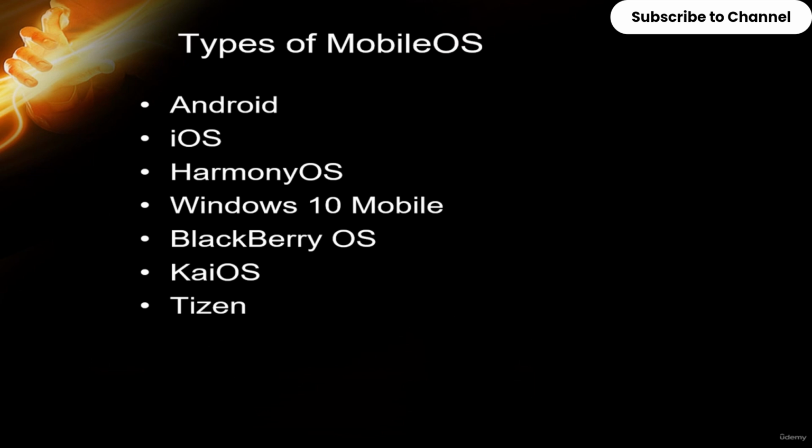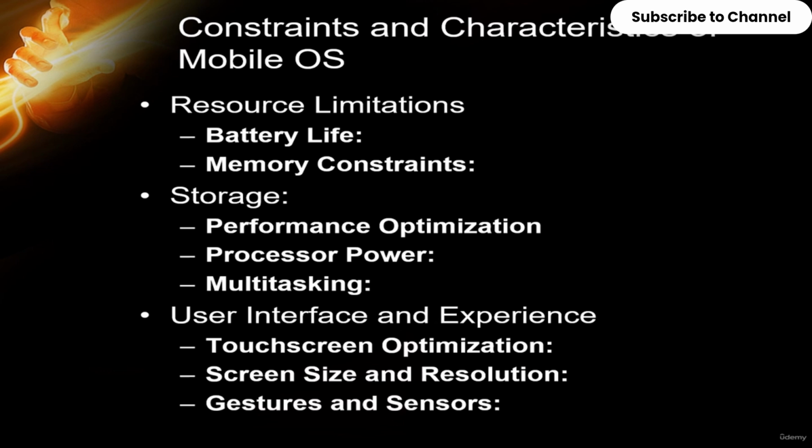Even though we saw various types of operating systems in real time, these operating systems also have various types of constraints. The constraints are listed here. We will see one by one how these constraints affect mobile operating systems. First we will see the constraint of battery life.